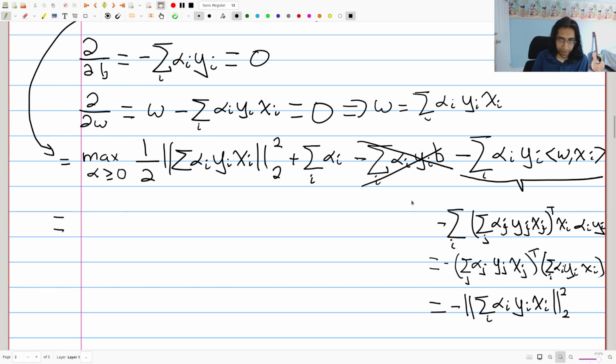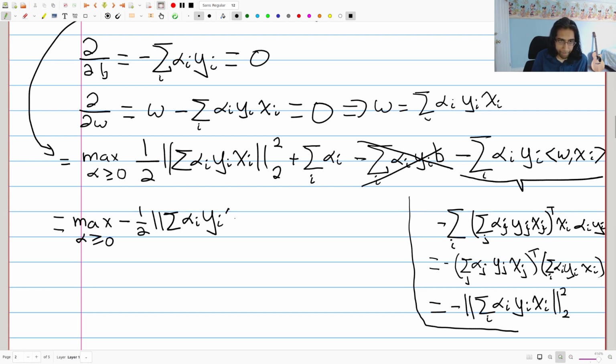With all these changes in place, let me partition off this part. This can be written as max over alpha greater than 0 of minus 1/2 the L2 norm of this vector, L2 norm squared, plus summation over i of alpha i.